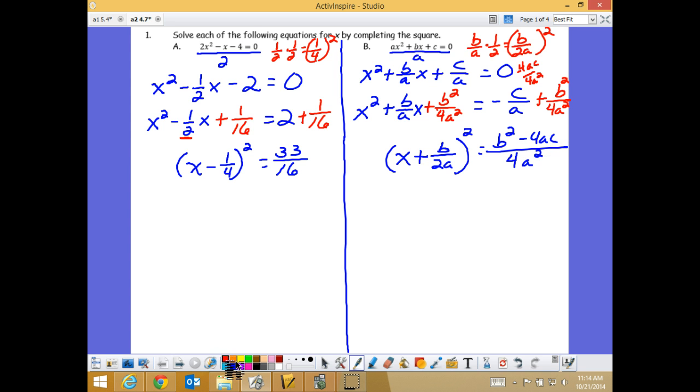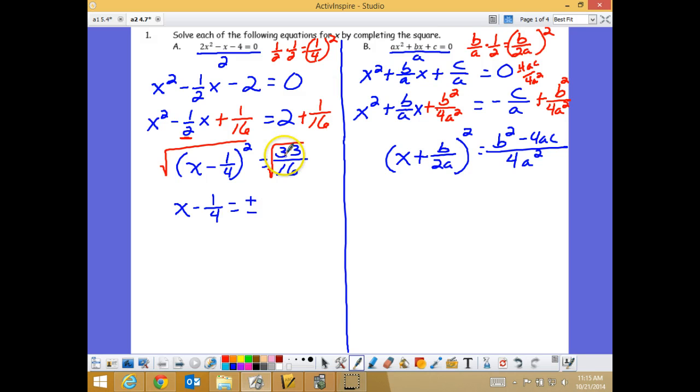And then the next step over here, to undo this square, we are going to take the square root of both sides, keeping in mind every single positive number has 2 square roots, the positive and the negative. And taking the square root of a fraction is done basically the same as squaring a fraction.